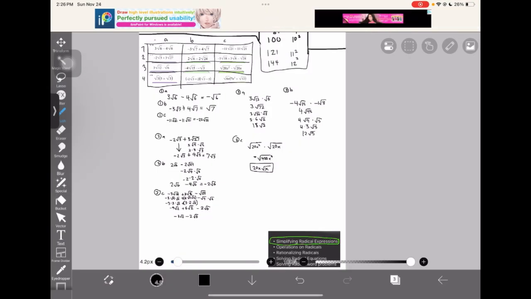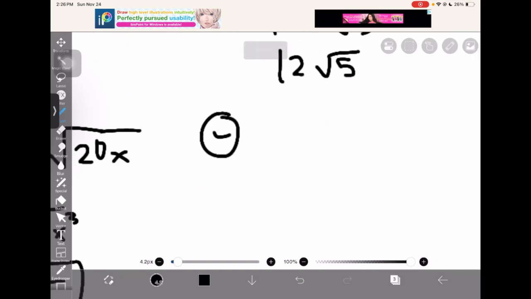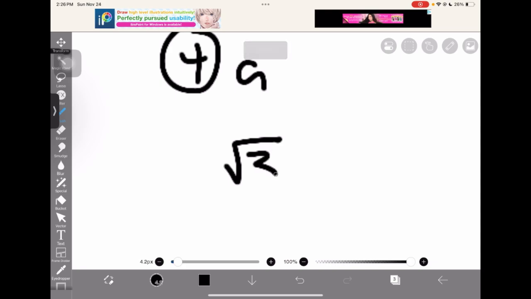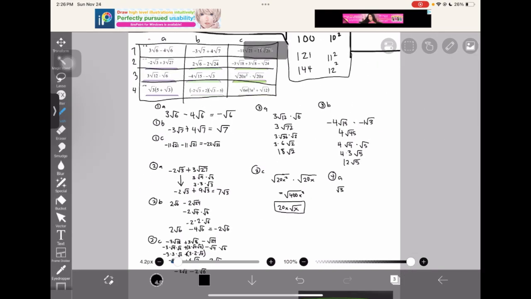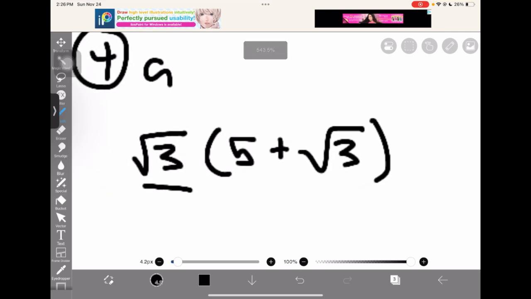Okay, last example for operations and radicals. Let's do number 4. So first it's going to be square root of 3, and then in parentheses 5 plus square root of 3. So you just have to multiply each term to this one in the parentheses.